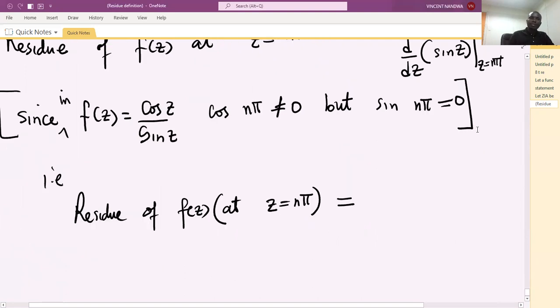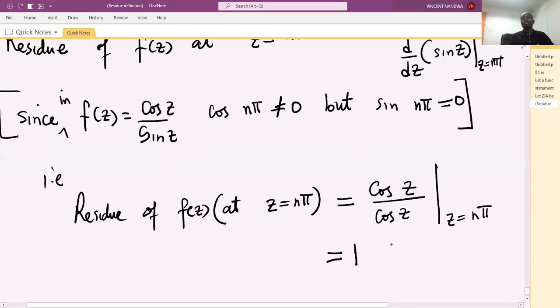So residues are given by cos of z over, when you differentiate a sine function, you get a cos function. These are evaluated at z equals to n pi. And by definition, cos over cos is 1, which is actually the same value when we evaluate at the point z equals to n pi.